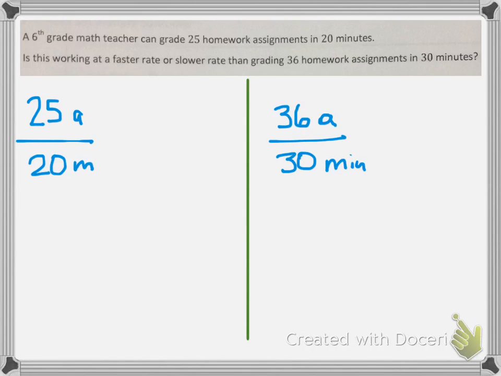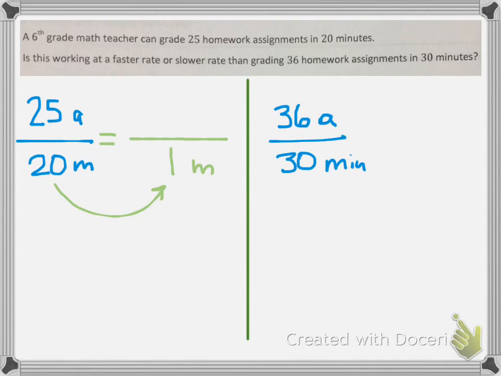But if I change these into a rate with a unit rate and a rate unit, then I should be able to see which one is the faster rate, which one's moving at a quicker pace. I can make an equivalent ratio. If I'm going to make a rate, then my bottom number, my number of minutes, has to be a 1.